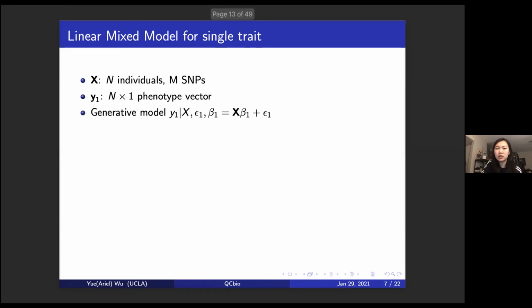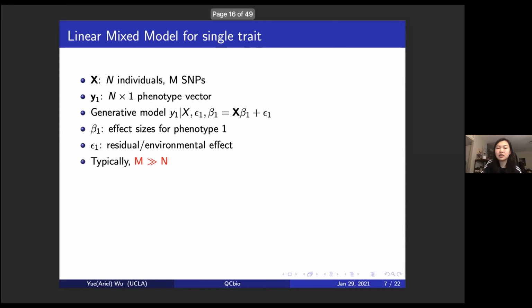We assume the generative model of the phenotype. Y1, given the effect sizes and the genotype, is the linear combination of the genotype plus some noise. Beta 1 is the vector of effect sizes of each genetic variant for this phenotype, and epsilon 1 is the residual effect.